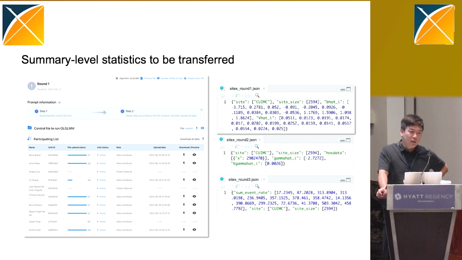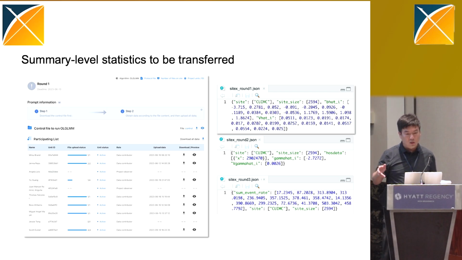For linear mixed model, in the Nature Communication paper, we showed that not only is one round enough, but it's lossless, meaning that you get identical results compared to the pooled data analysis, which will take months to go through the DUA, data usage agreement.